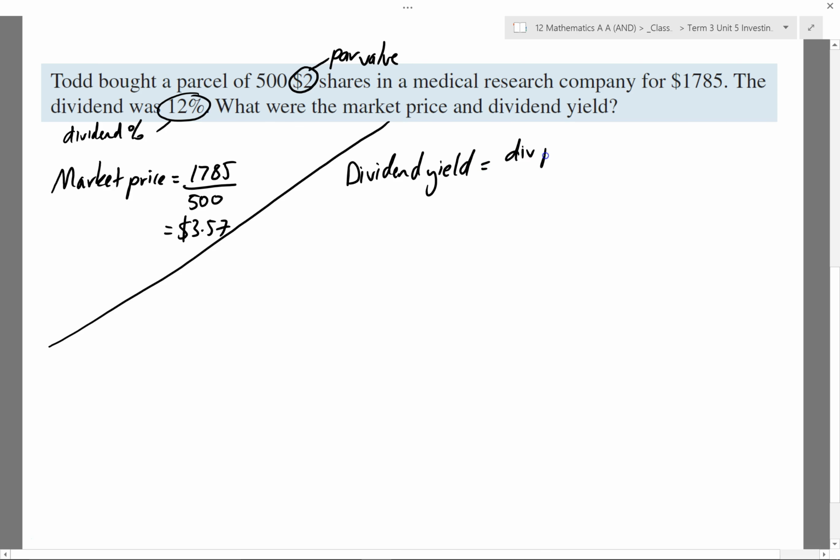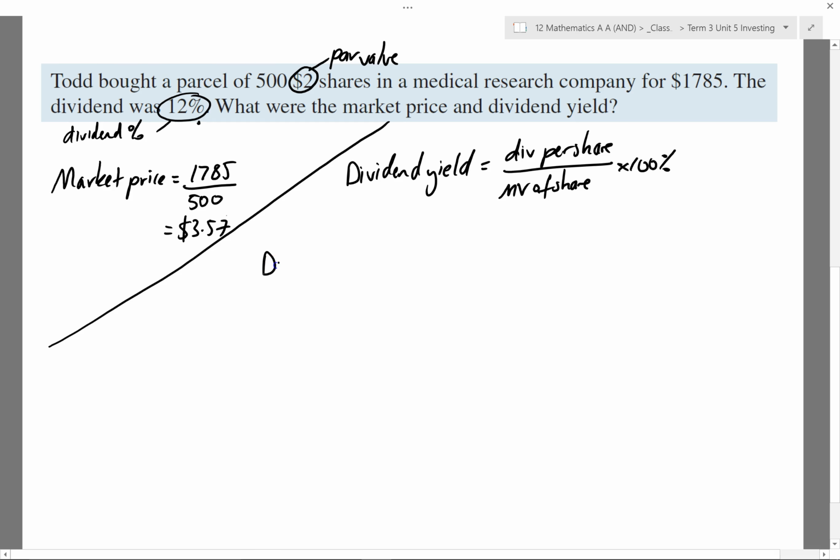Dividend yield is dividend per share divided by the market value of the share, and multiply by 100, make it into a percentage. Do I know both of these things? No, well, I know the dividend percentage. That's not the dividend per share. Do I know the market value of the share? Yep, I calculated that. So I need to find the dividend per share.